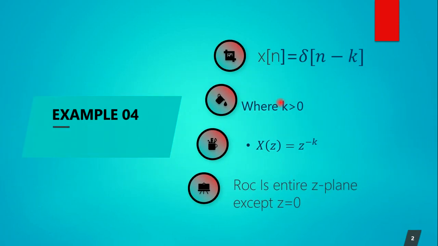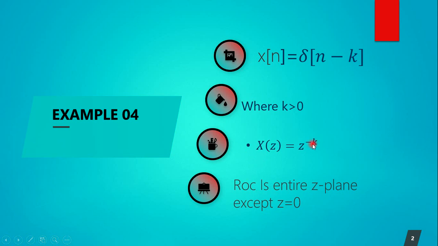Here is another example. In this example, there is a slight difference, which is that the impulse is shifted by a term k, or this impulse is just shifted to k sample, k index.